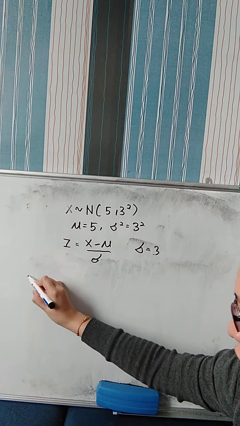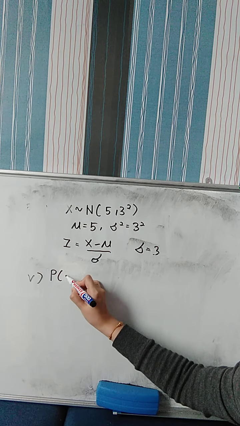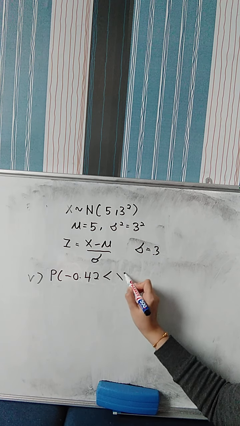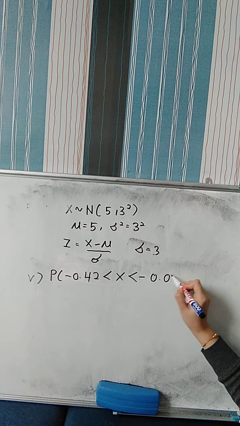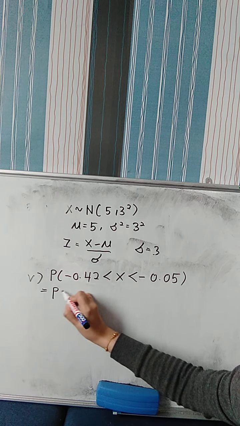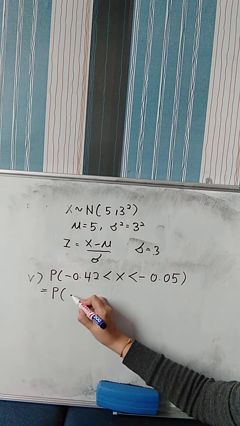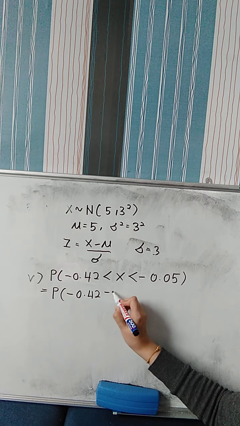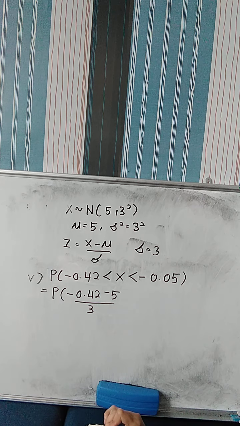Okay, let's continue to number 5. Okay, for number 5, given P negative 0.42 less than X less than negative 0.05. Okay, same step. You need to change the normal distribution to standard normal distribution. So, negative 0.42, you minus mean 5, you divide standard deviation 3.